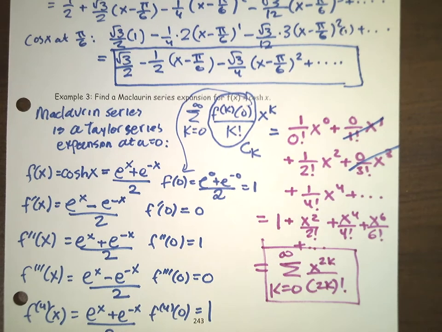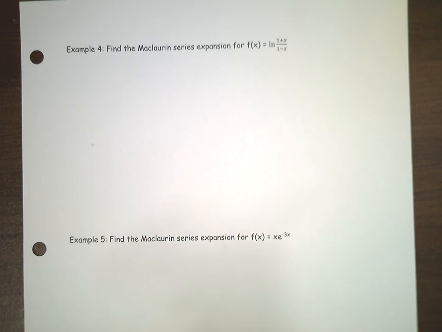I really hope that you enjoyed this example, because we're going to do another one here. So let's go ahead and find the Maclaurin series expansion for f of x equals natural log of (1 plus x) over (1 minus x).